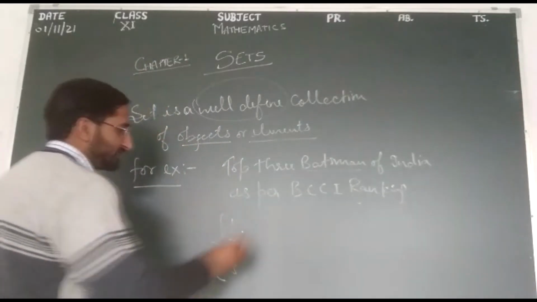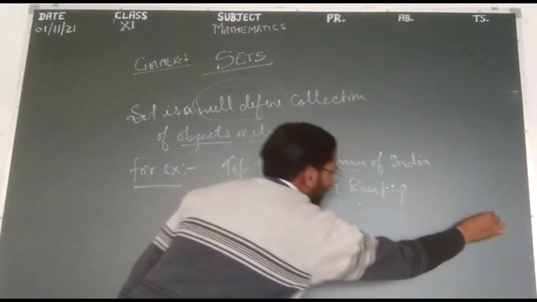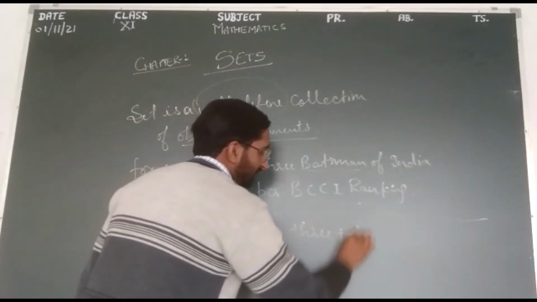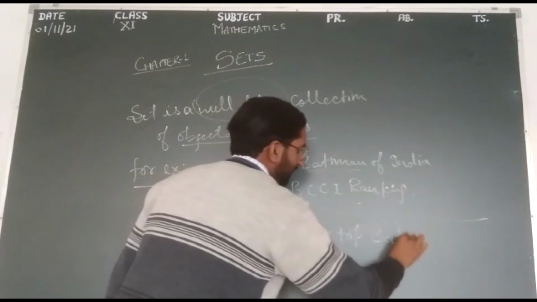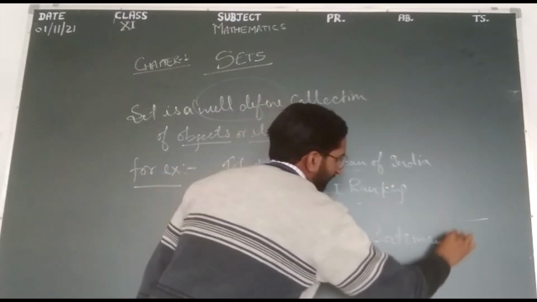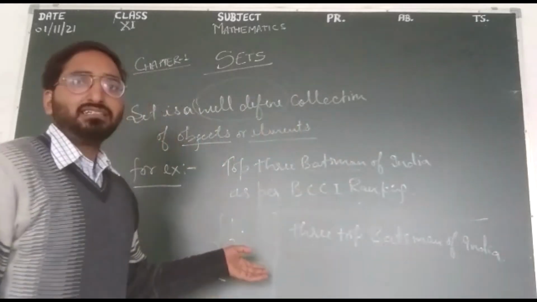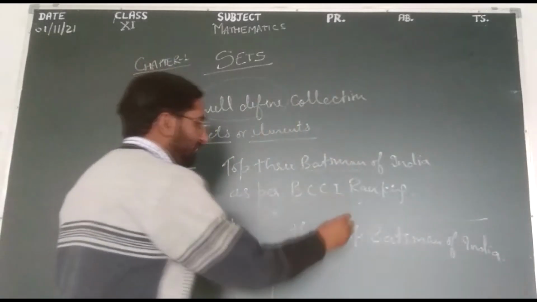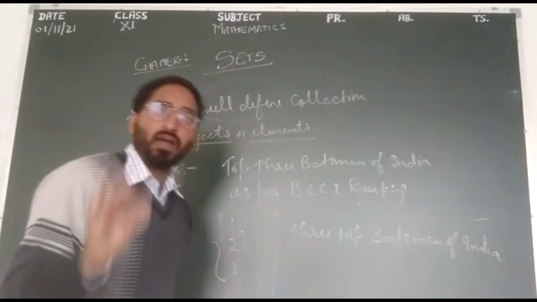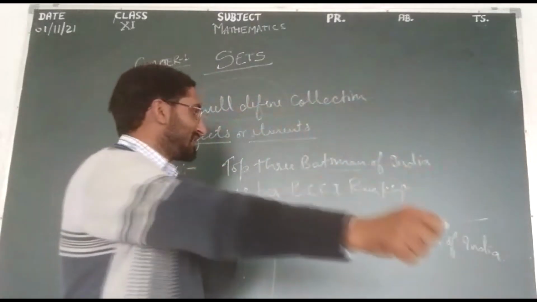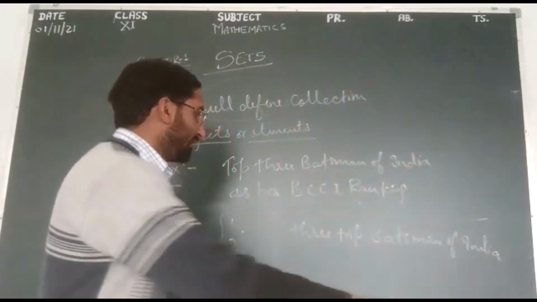But if we just say 3 top batsmen of India, in this case, this is not a set. Why? Because it is not defined by any exact authority, BCCI, ICC, whatever.